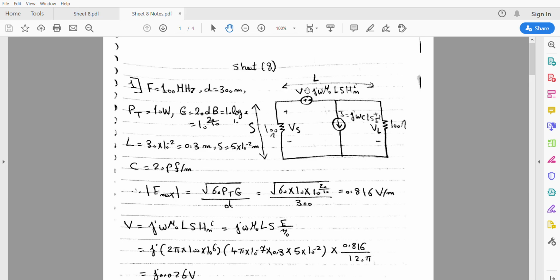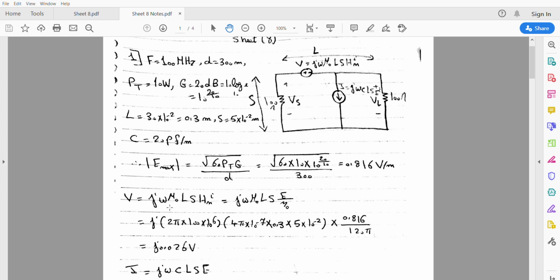Now we need to determine the values of both the magnetic field and the electric field, which are represented by a voltage source and a current source. The voltage source is given as j omega mu L S H normal, and we know H is equal to E, the electric field, over the intrinsic impedance of air, which is equal to 120 pi or 377 ohm.